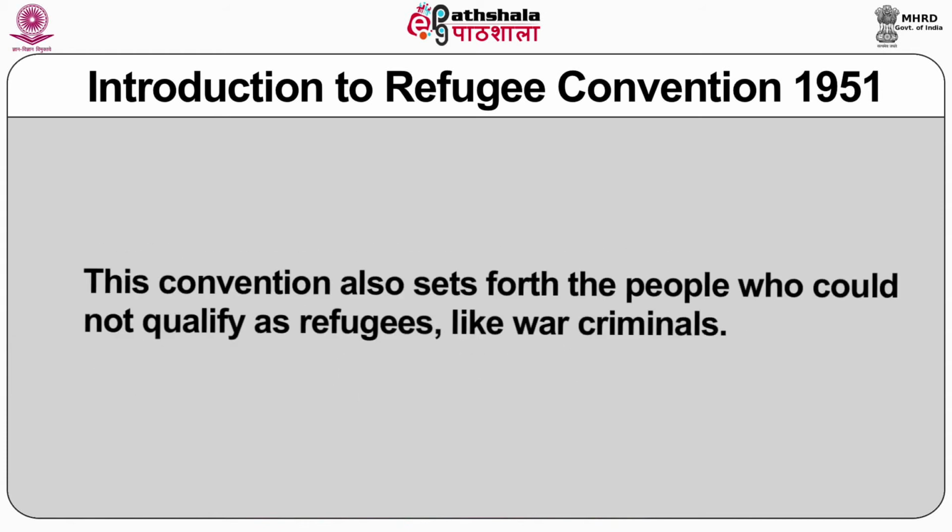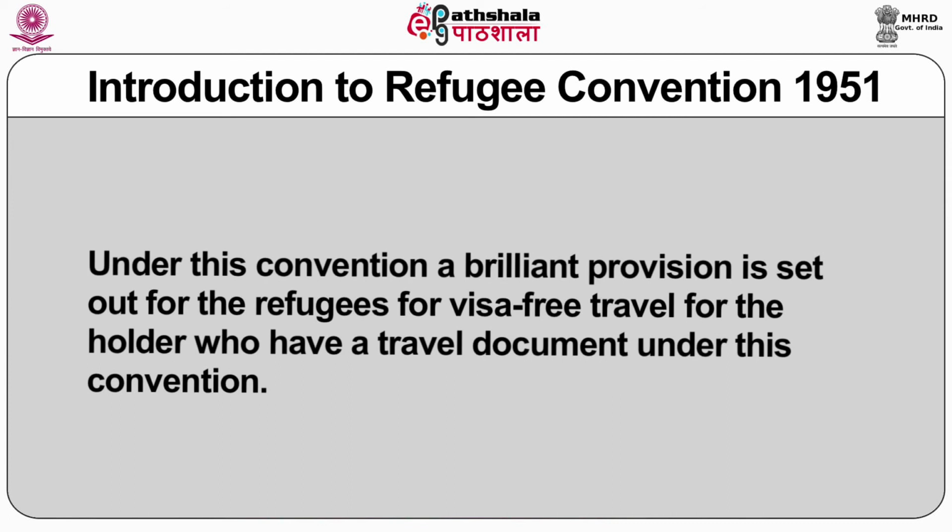The Convention also sets forth the people who could not qualify as refugees, like war criminals. Under this convention, a brilliant provision is set out for the refugees for visa-free travel for the holder who has a travel document under this convention.